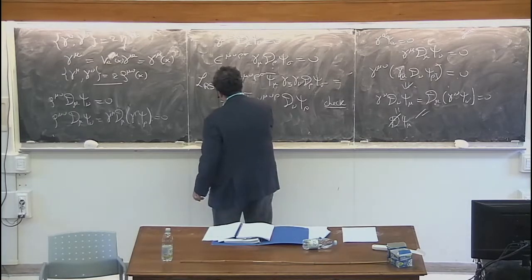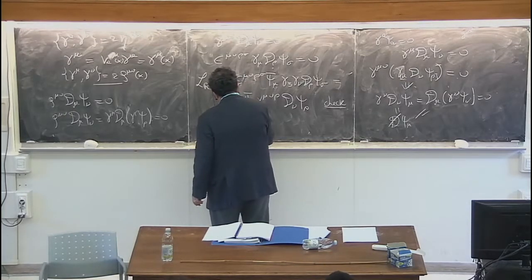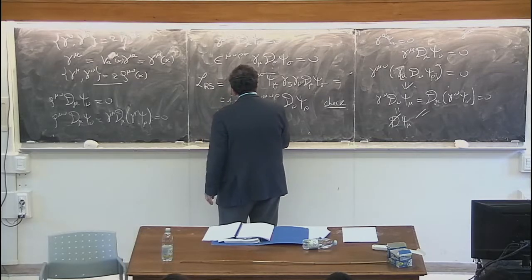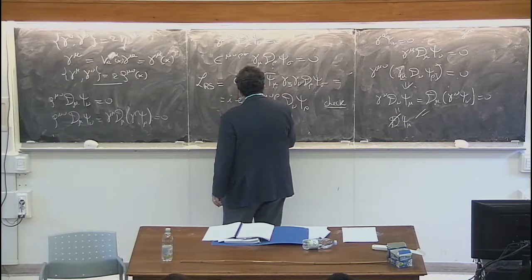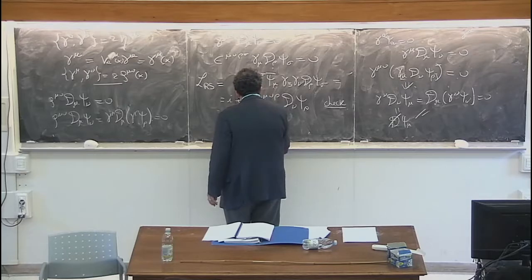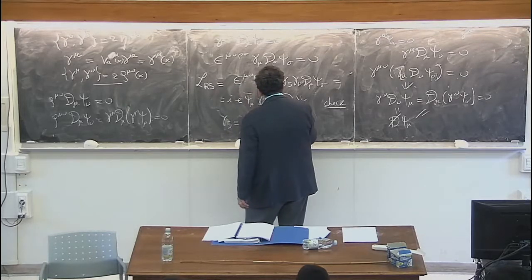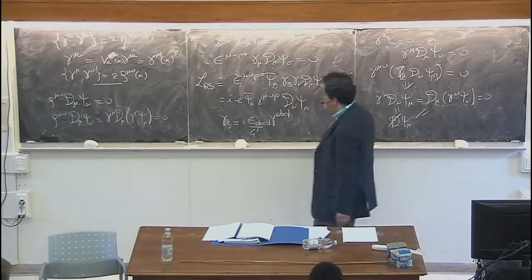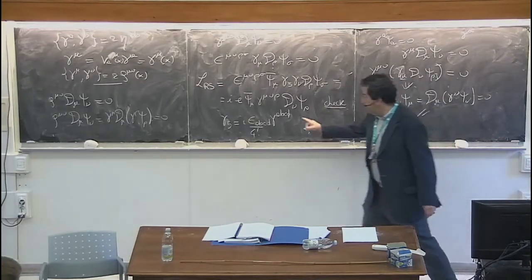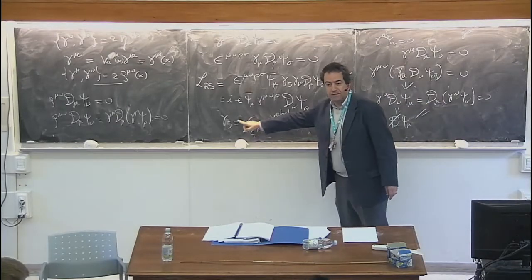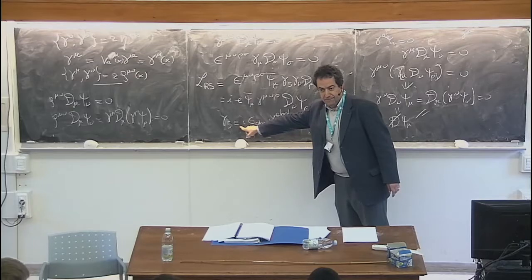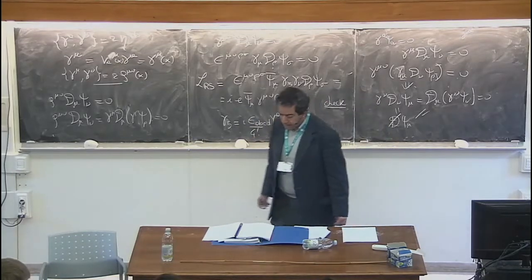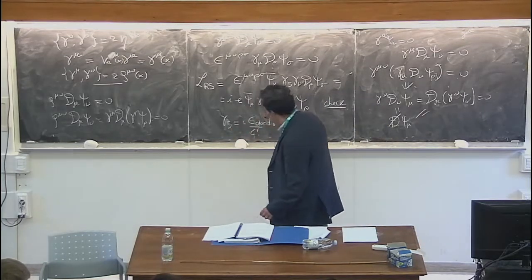Gamma 5 is equal to i epsilon A, B, C, D divided by 4 factorial, gamma A, B, C, D. Rigid indices, so constant matrix.